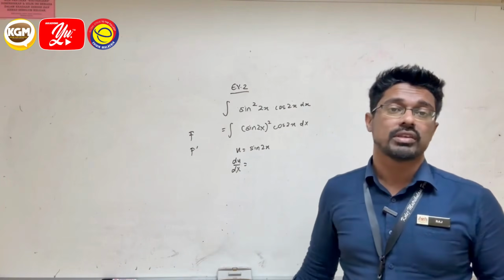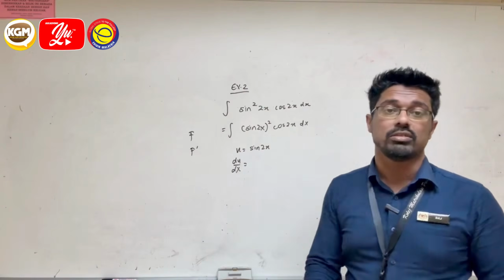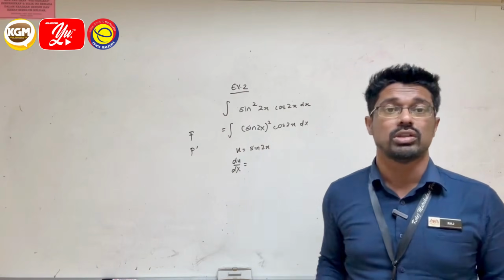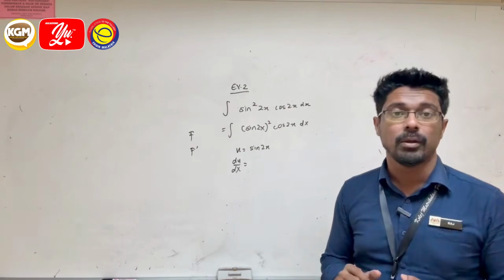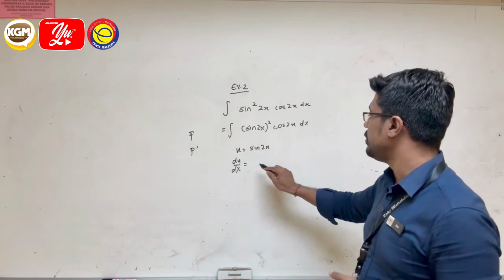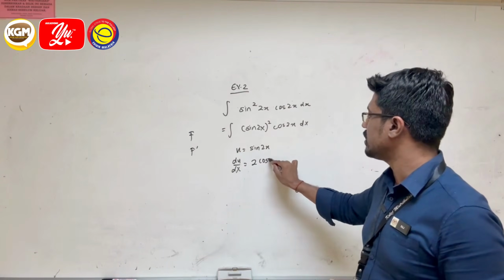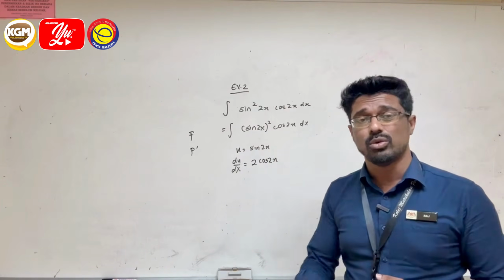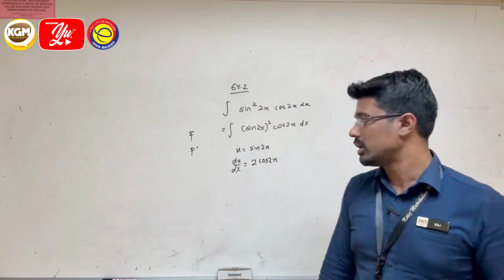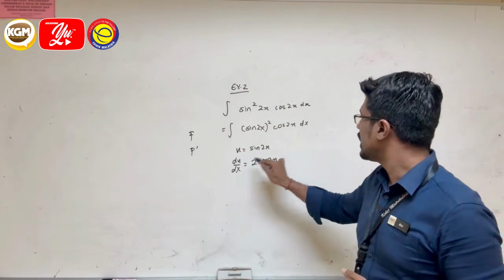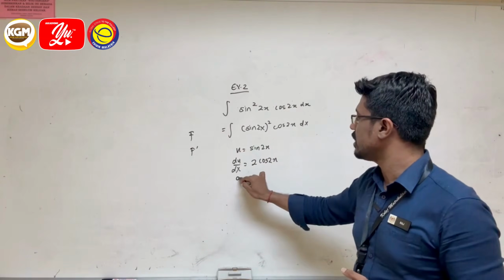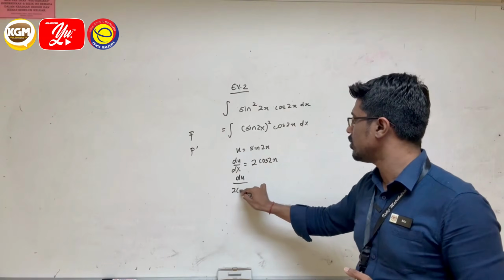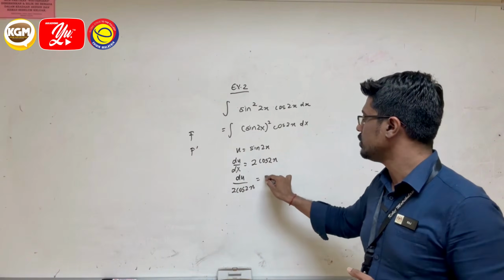The way to differentiate this is using the chain rule. So you do it somewhere and just write out your relation. Your answer is just going to be 2 cos 2x. I'm not going to spend time doing the chain rule here. If you don't remember, go and look back at how to do it. So here, what is this dx? I rearrange: du over 2 cos 2x is equal to dx.